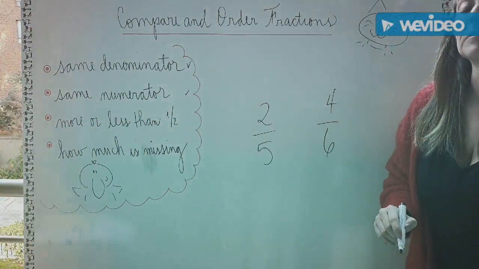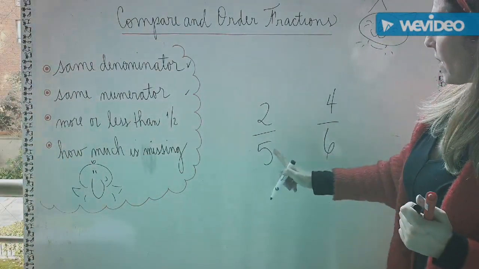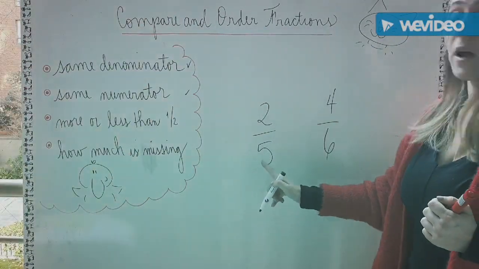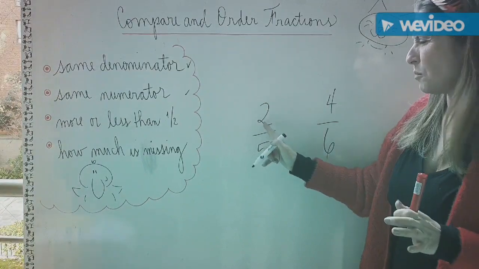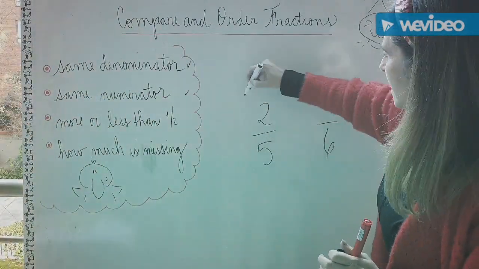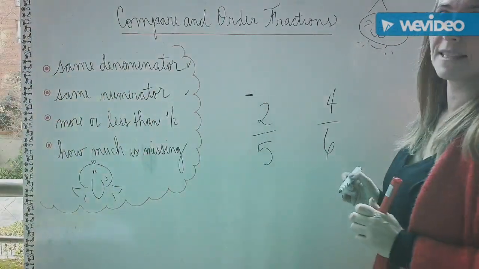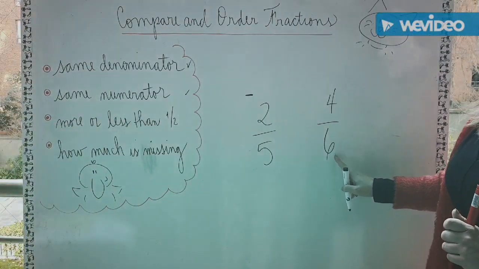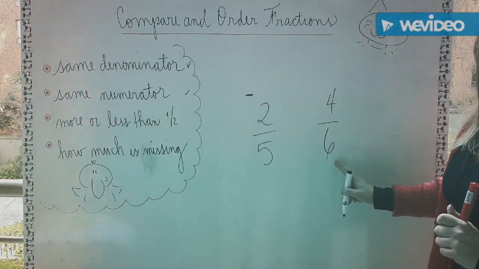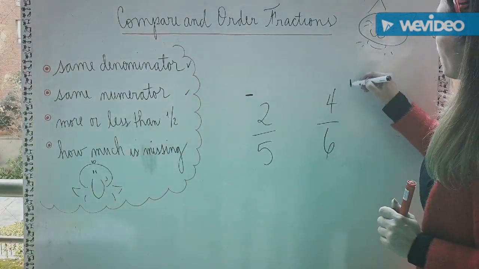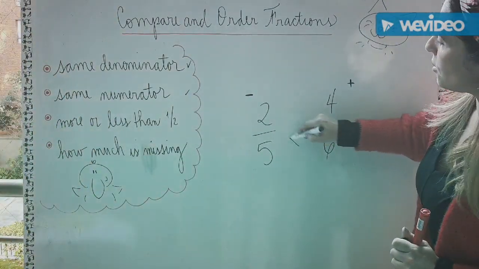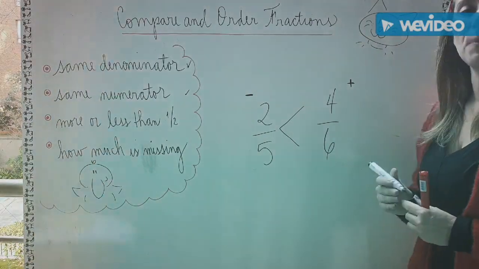Okay, let's see. Here, I know that to have the half of this whole of 5, I would have to have 2.5. But I've got 2, so this is for sure less. And the half of 6, to have the half of this whole, I should have 3. And I've got 4, so I've got more. So this one is the biggest.